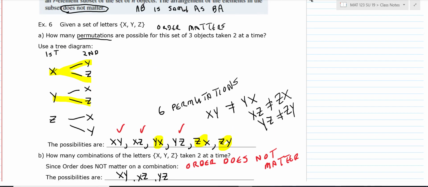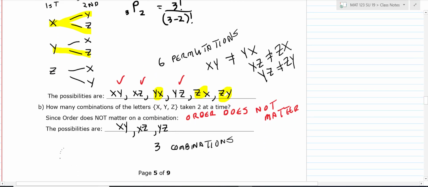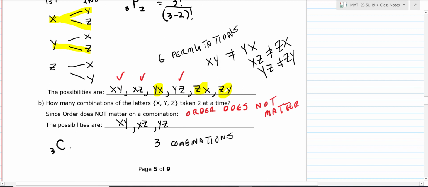In this problem, the permutation would be 3 letters taken 2 at a time. So we would say 3 factorial over 3 minus 2 factorial. The combination you would write like this: C, 3 letters taken 2 at a time, and this would go 3 factorial over 2 factorial times 3 minus 2 factorial.